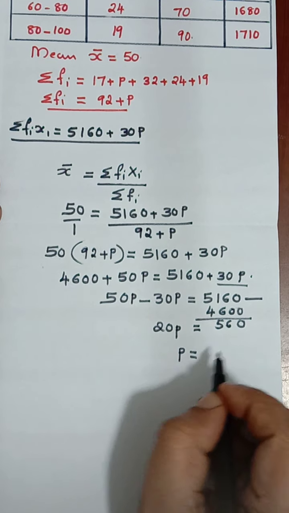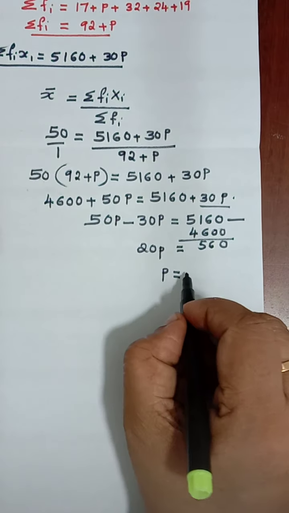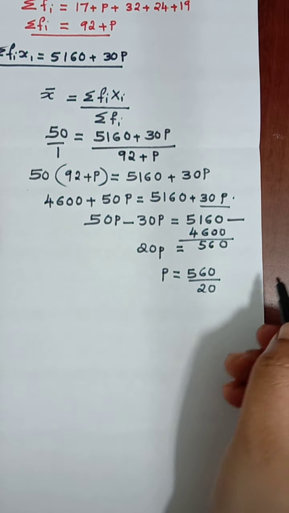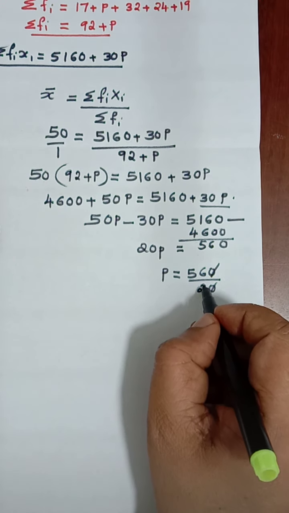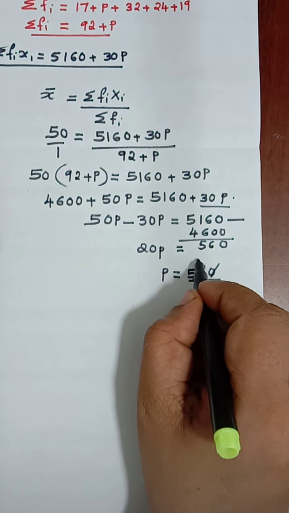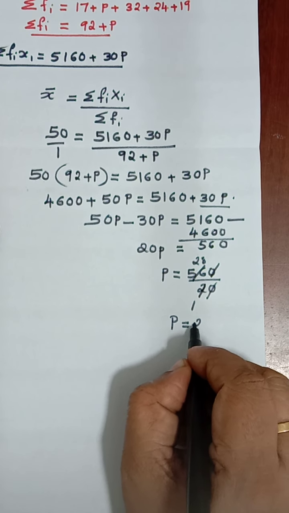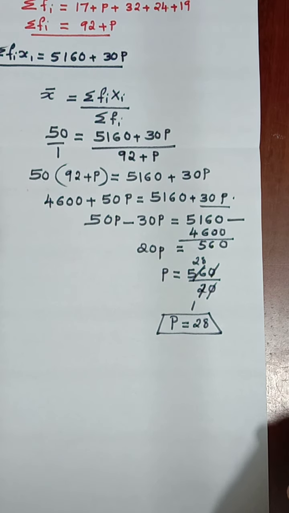Therefore, P is equal to 560 by 20. We can cancel 10 by 10: 56 by 2, which is 28. So our missing frequency P is 28. This is our answer. Hope you understood. Practice many questions. Stay safe. Bye.